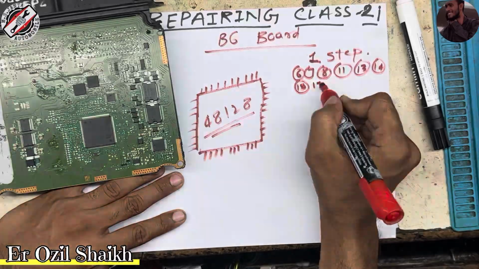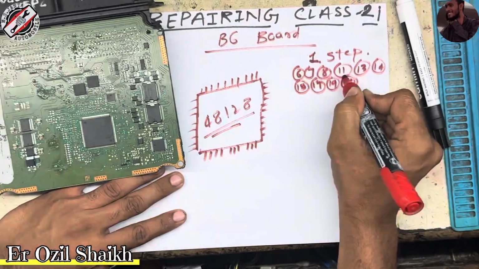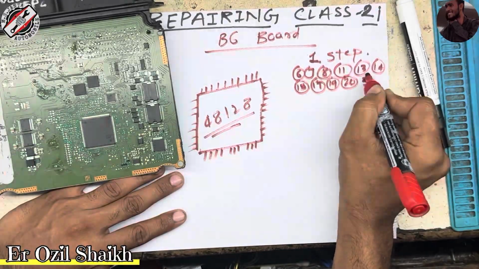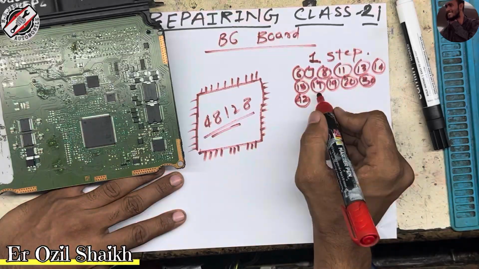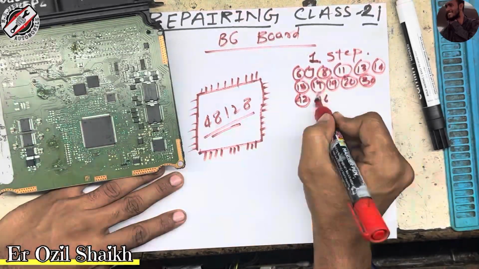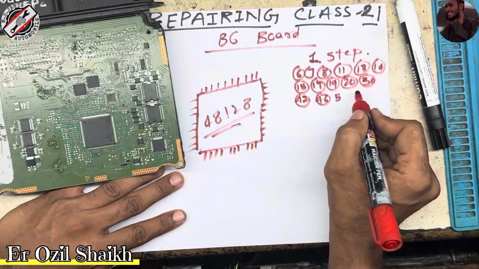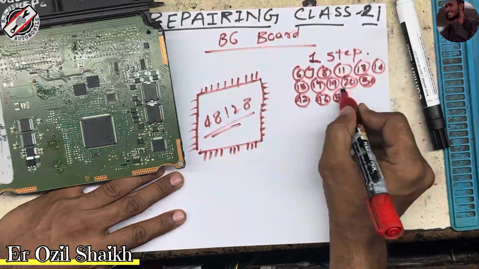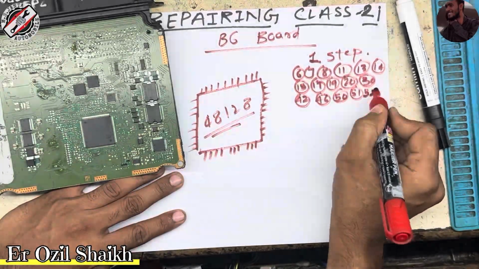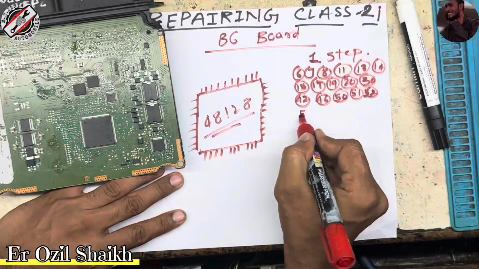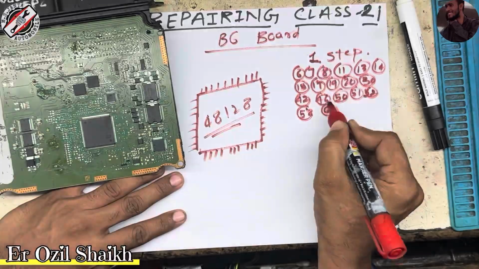17, 19, 20, 30, 42, 46, 50, 51, 52, 58 and 64.